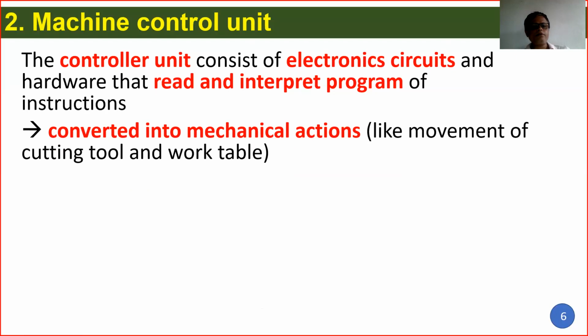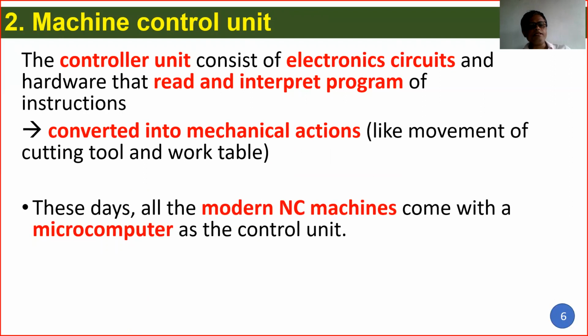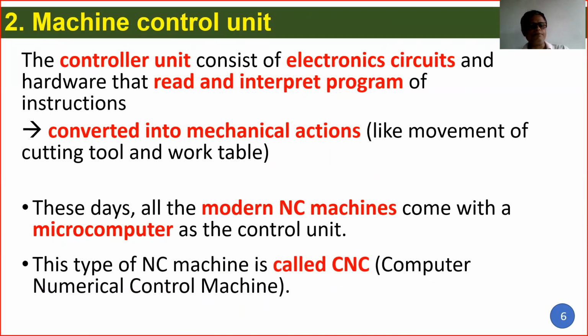After that, the program is converted into mechanical actions, that is movement of the cutting tool and even the working table. These days, all the modern NC machines come with a microcomputer as the control unit, and it is called a CNC machine. So in CNC, there is a computer along with NC.